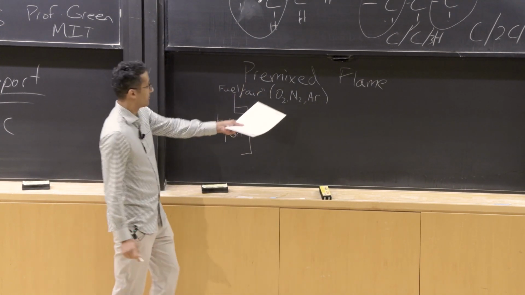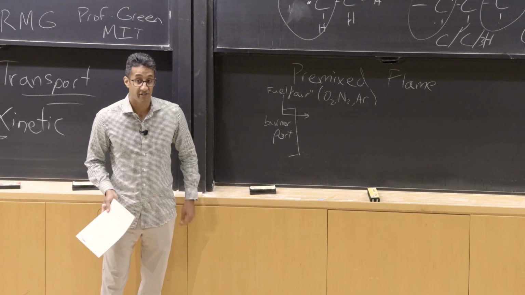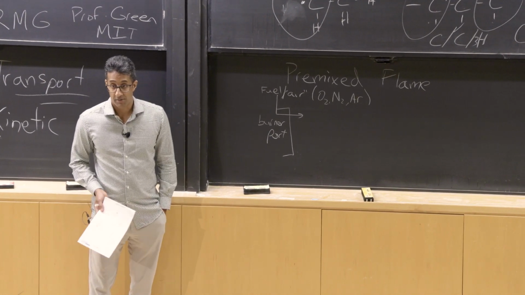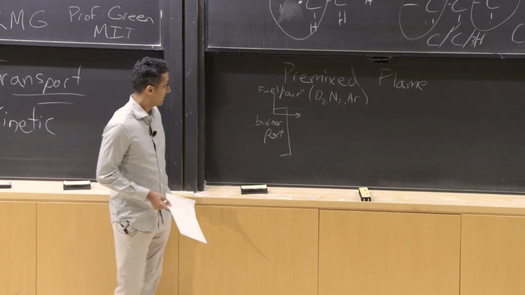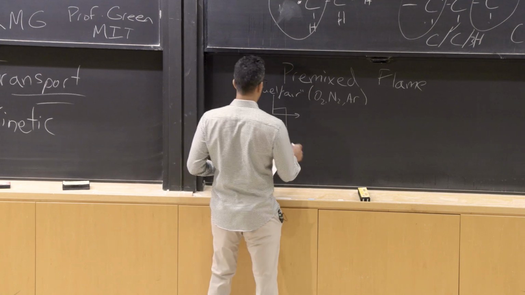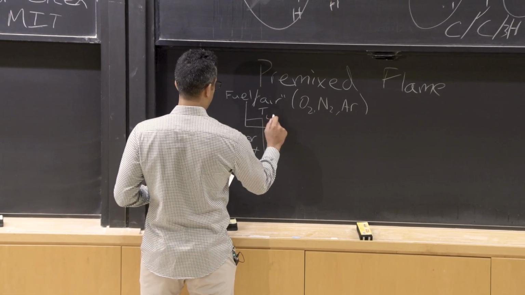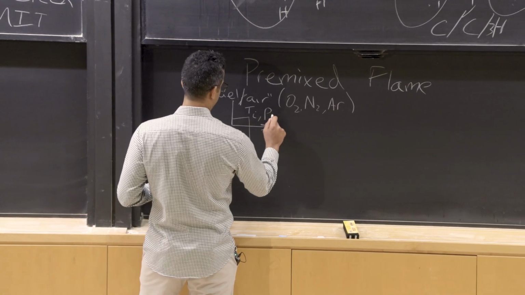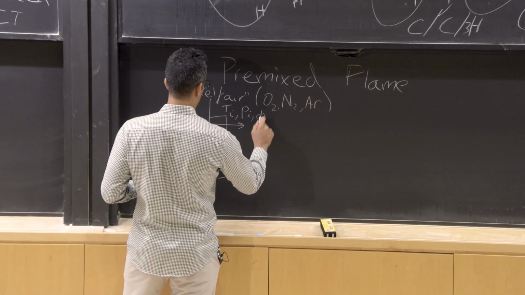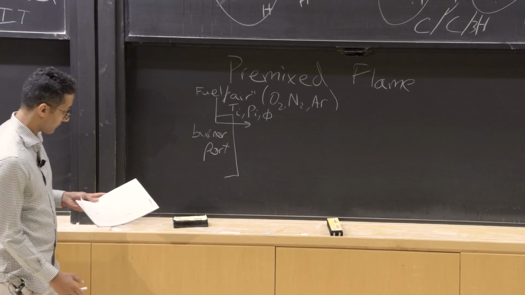You usually have oxygen mixed with some other inert gas. Usually it's not nitrogen. Many times people use argon, sometimes even helium. It depends on the experiment that you're doing. And this inlet mixture is coming in at a fixed temperature, Ti, the pressure is fixed typically, and the equivalence ratio, because it's premixed, should be fixed as well.